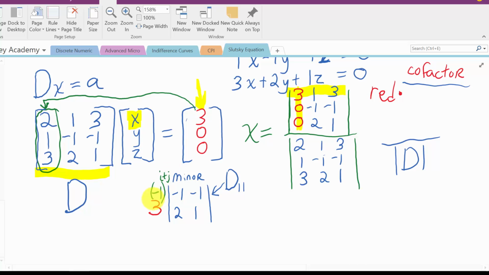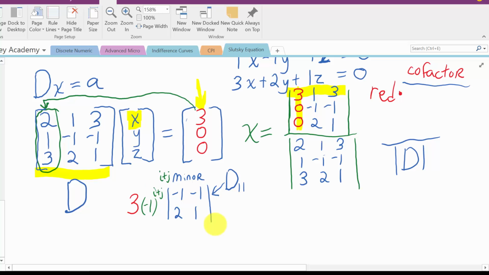So really, the complete story here is the first thing we're going to do, it gets easier, I promise, is we're going to take 3 times -1 to the i plus j, and i is what row the number's in, j is the column. So in this case, i is 1, j is 1. So we're just going to square the -1, and that -1 will just become the number 1.